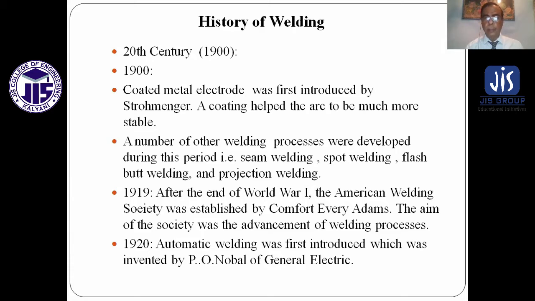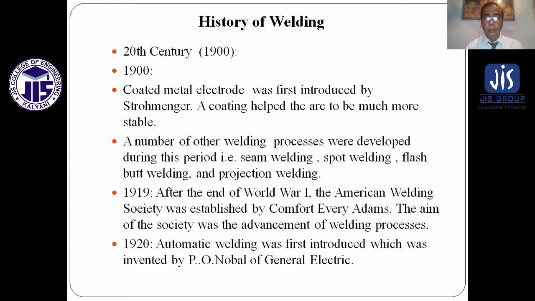In the 20th century, from 1900 onwards, the coated metal electrode was first introduced by Kjellberg. A coating helps the arc to be much more stable and increases the arc force also.